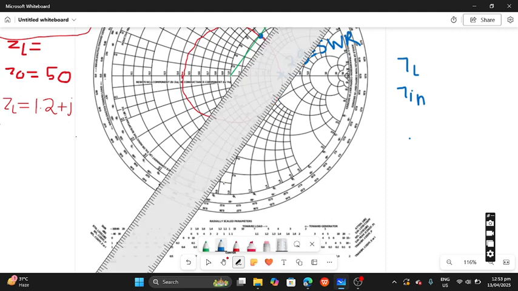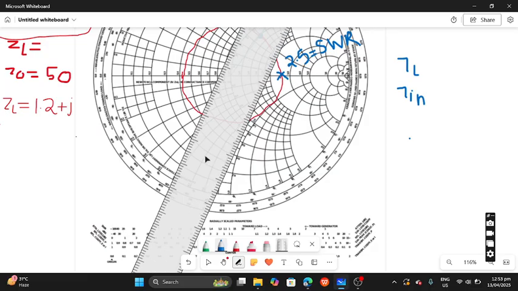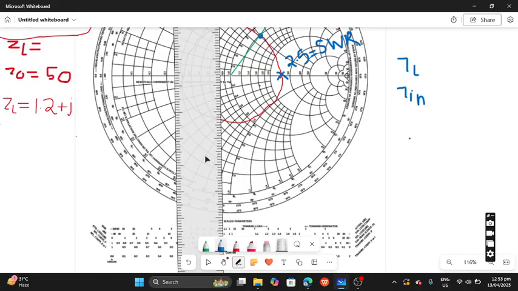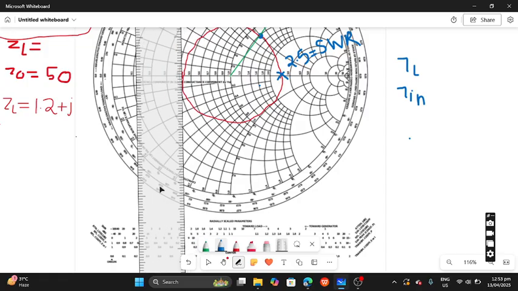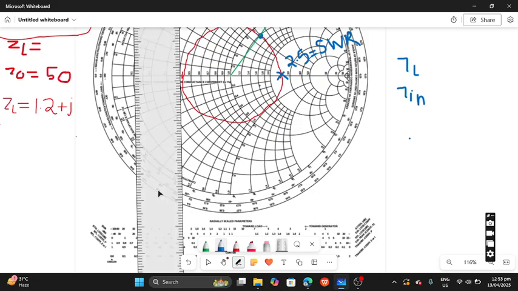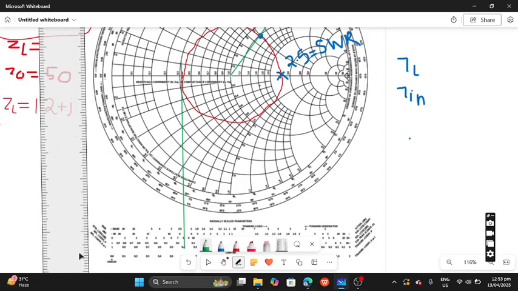So I can see that my point is here. So I will draw a line here. If you can see on that reflection coefficient scale we are getting 0.4.